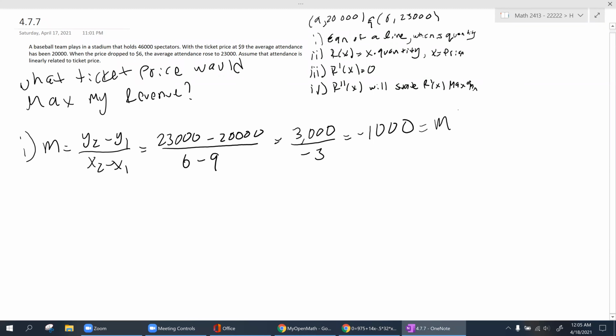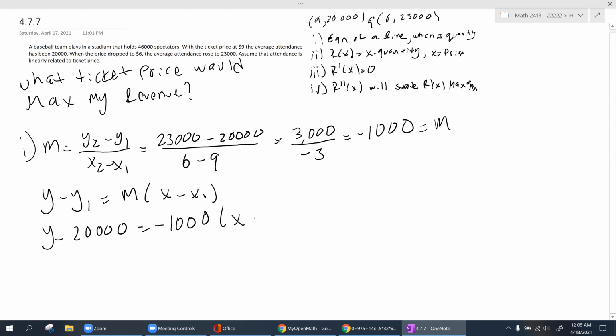So to find the equation of the line, we know that y minus y1 is equal to m times x minus x1. So it's going to be y minus 20,000 is equal to negative 1,000 times x minus 9.